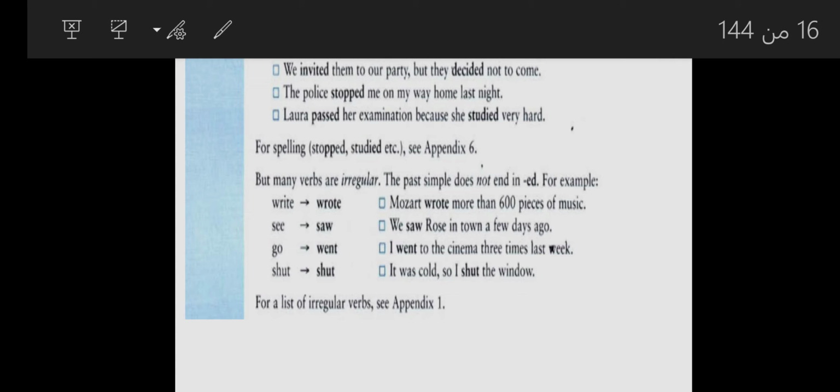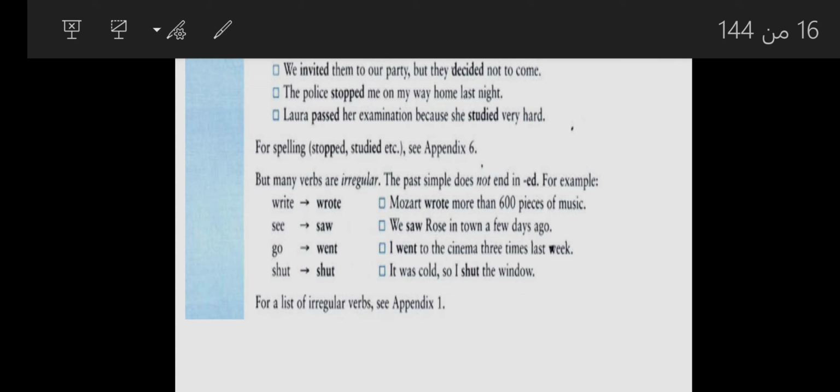And the verb studied: its original base form is study. Study ends with D plus Y. When the verb ends with Y preceded by a consonant, any consonant. Consonants are letters other than vowels. Vowels are A, E, I, O, U. Five vowels.